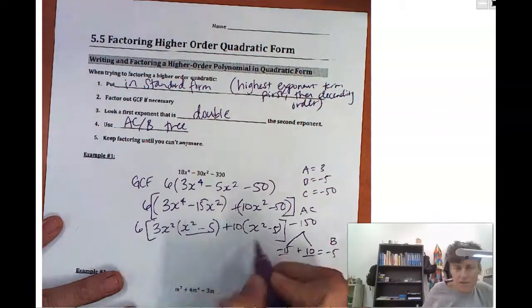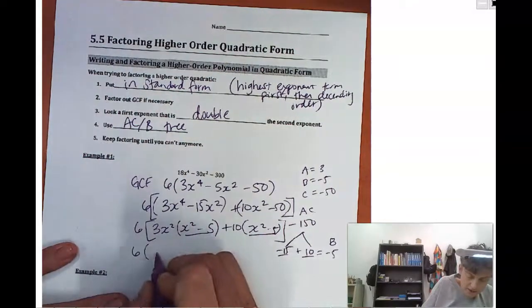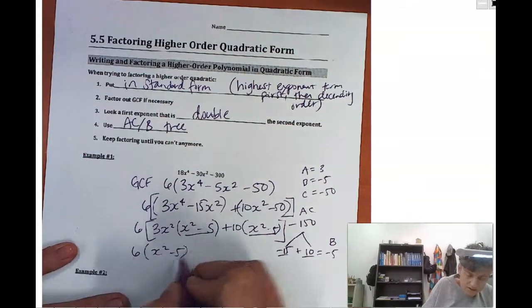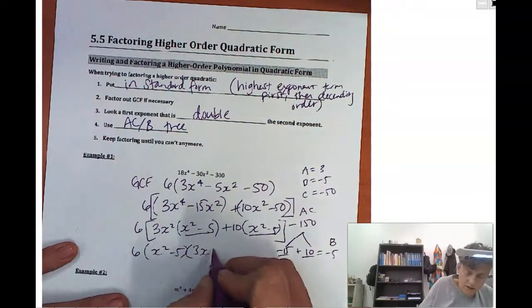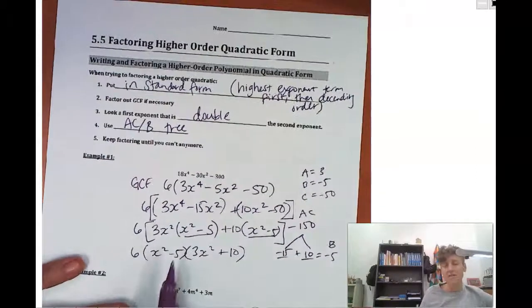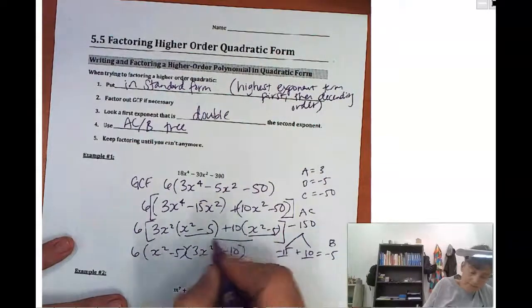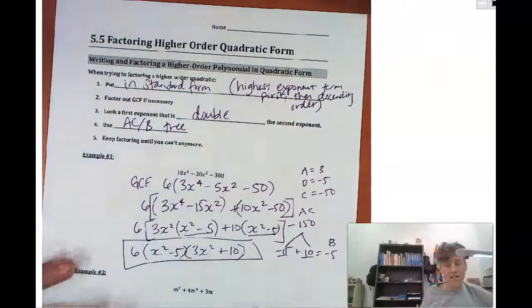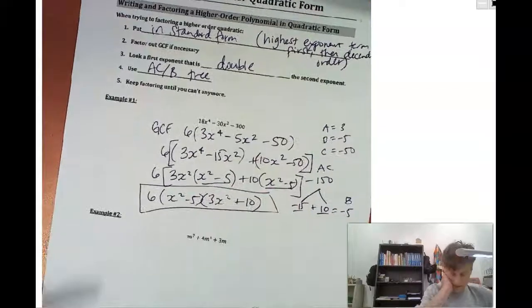We did a great job because the parts in parentheses are the same. So we'll have the part in parentheses as one of the factors. I still have my GCF in the front. And 3x squared plus 10. Now this is not a difference of squares, so that is as good as we're going to get. There's our answer.